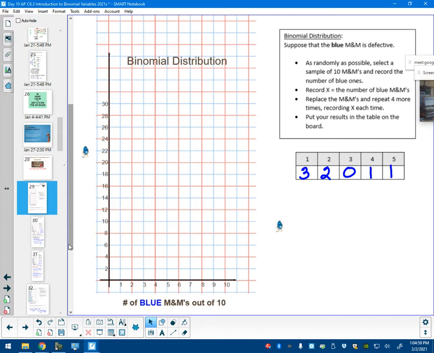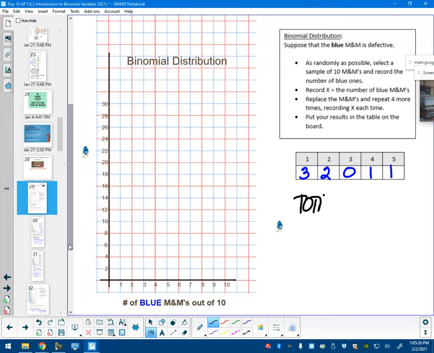And Lily and the rest of you can make your draft after we get everybody's results. So after you do the 5 samples, what I want you to do next is pour them all out, count how many total you have, and also count how many blue ones and how many red ones you have.